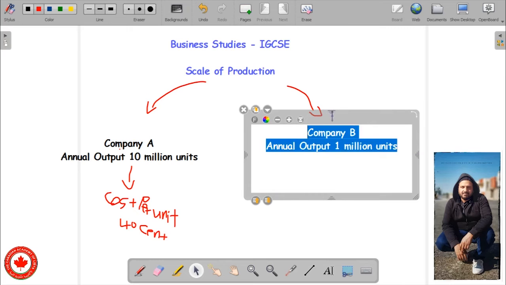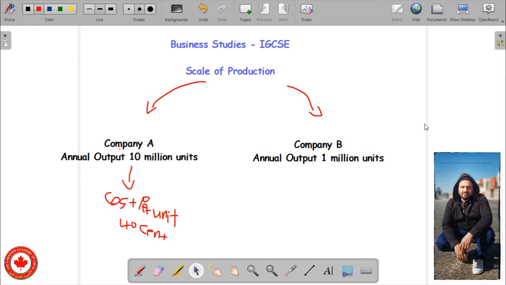When you try to scale that, we talk about how to scale it. And this company, the cost per unit for this company, relatively speaking, is a little bit higher, like 70 cents per unit.